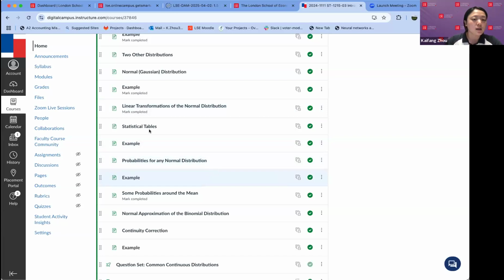And then the statistical table. For the normal distribution, make sure you know how to read the statistical tables. Why is it important? Because in the second half of your course, for statistical inference, you're going to use statistical tables very often.